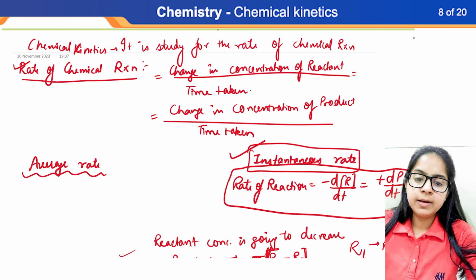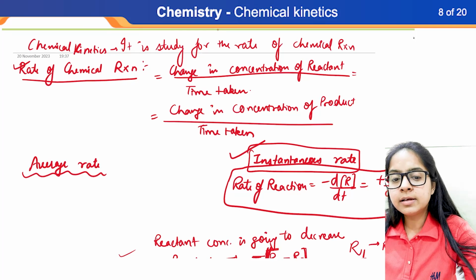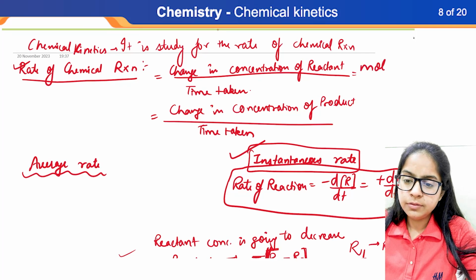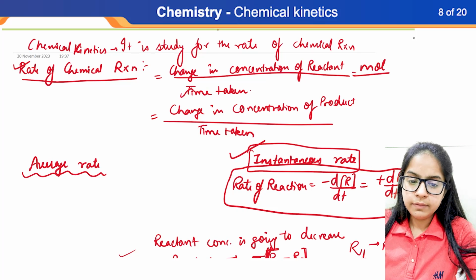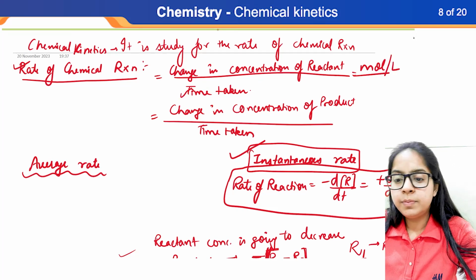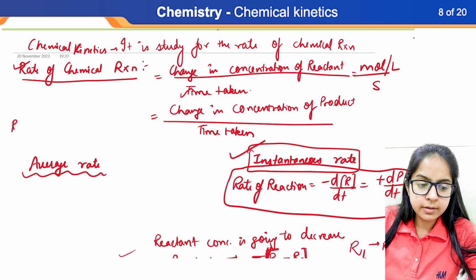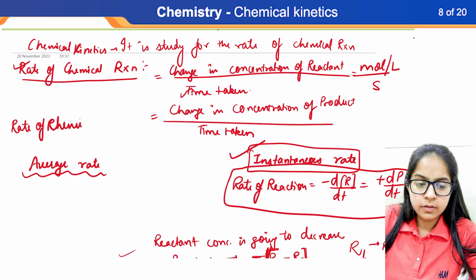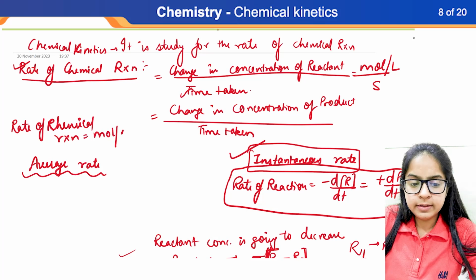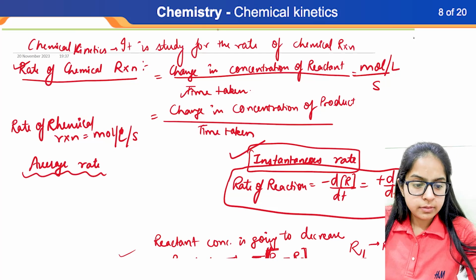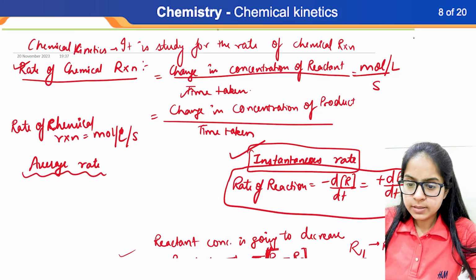If it's a concentration, meaning change in concentration of reactant, then you need to write mole divided by time. Concentration is mole per liter and the time is in seconds. So always the unit of rate of chemical reaction is mole per liter per second.